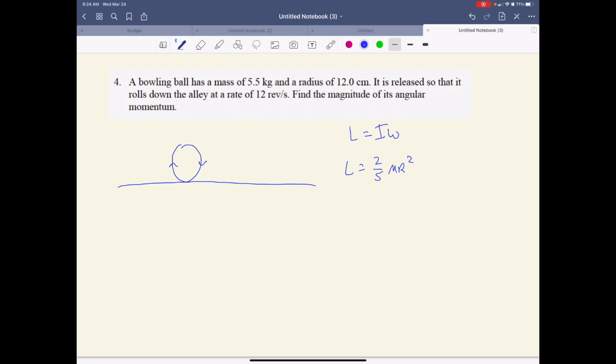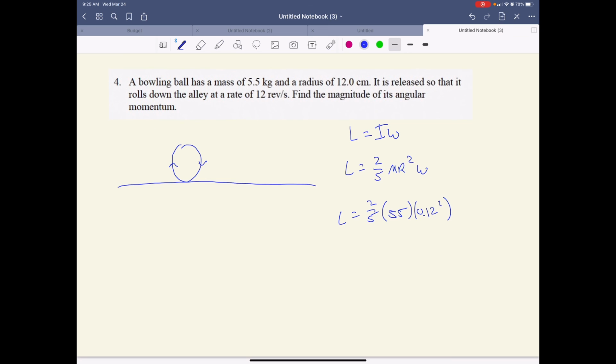So anyways, L is equal to 2/5 mr squared times omega. And omega is supposed to be in radians per second. So when we do this, we're going to have 2/5 times m, which is 5.5. The radius of the sphere is 0.12 squared.